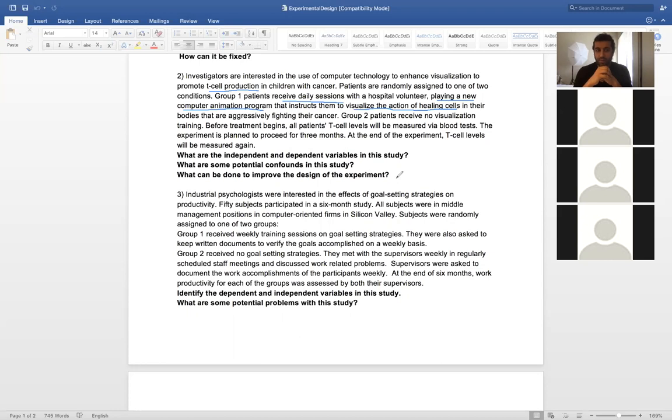So maybe by creating a third group that does the same thing, but with a different kind of activity, we can see whether it improves the production of the T cells or not. So one of the main problems is the placebo effect in this experiment.